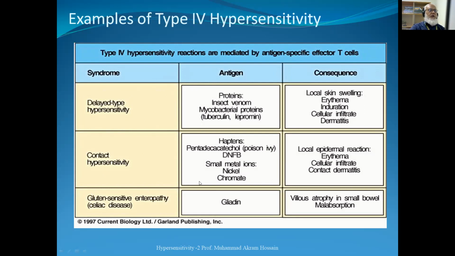But in contact hypersensitivity, instead of protein antigens, haptens are involved, and also small metal ions. This leads to a local epidermal reaction, that is erythema and cellular infiltrate, with no induration. And in gluten-sensitive enteropathy, celiac disease, the gliadin antigen is involved and there is villous atrophy in the small bowel, resulting in malabsorption.